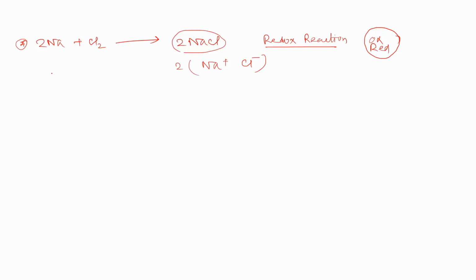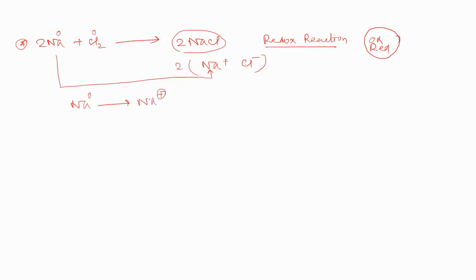Now you see, sodium is a metal, it is not attached to another element, so we know it has oxidation state 0. Chlorine is a gas, it also has oxidation state 0. Now sodium 0 to Na+ is going on. So in this chemical reaction, sodium had the 0 oxidation state, now sodium has a +1 oxidation state. So sodium 0 to sodium +1.